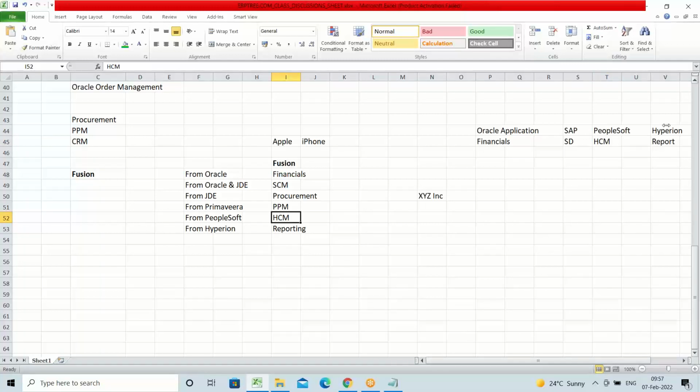The point is they are taking the solution, copying it, and on top of it they are making changes, but the core product they are keeping as is. That is the reason the tables remain the same. Okay, got it. Fine.